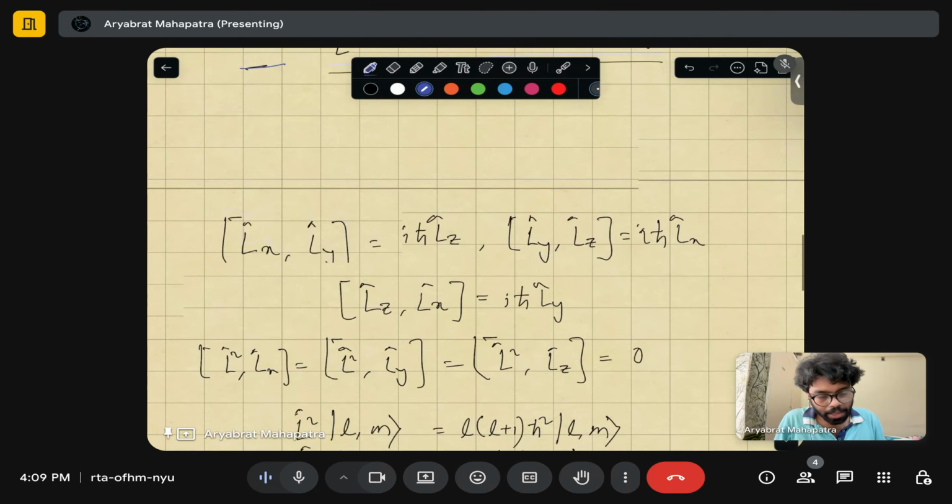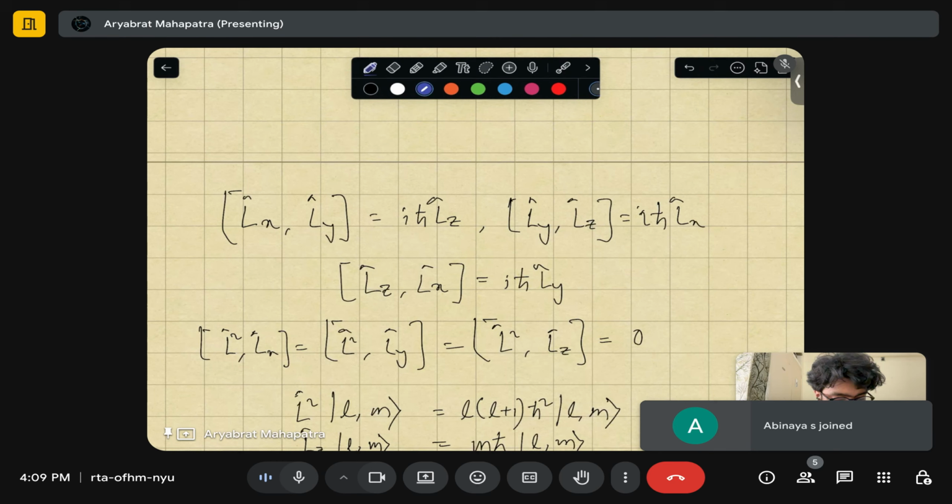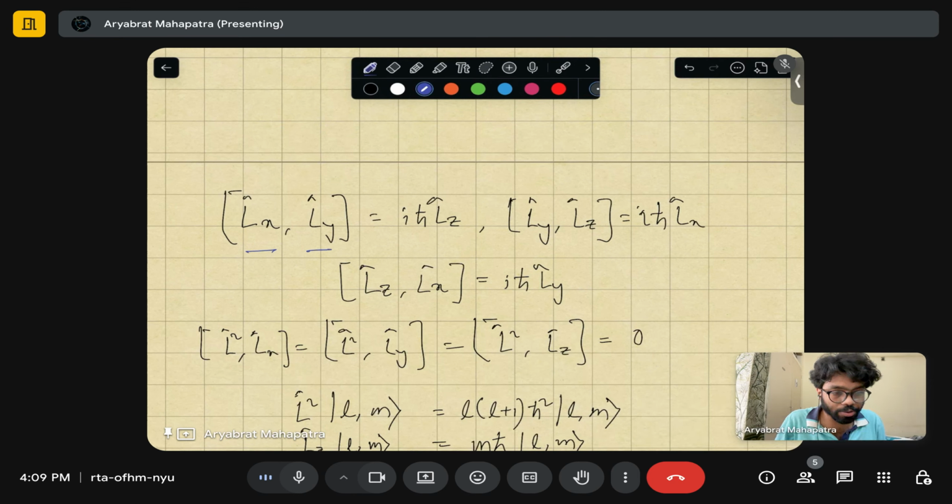With these operators, you have some properties of this angular momentum. Suppose you see that Lx and Ly do not commute.